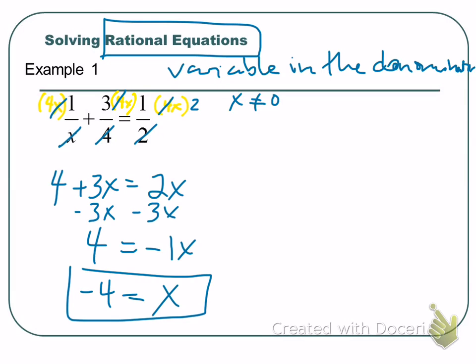Why do we know that's a good answer? With rational equations, we have to make sure that our answers are good. How do we know this is a good answer? Because it's not 0. It doesn't make any of our denominators equal to 0.